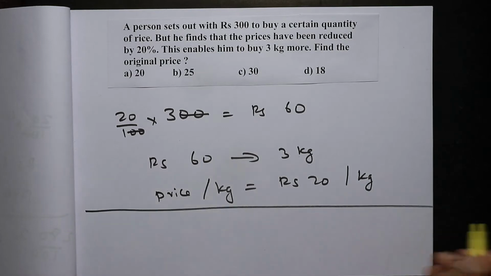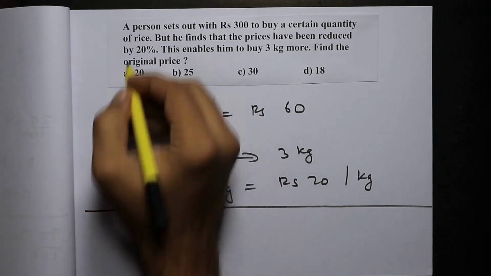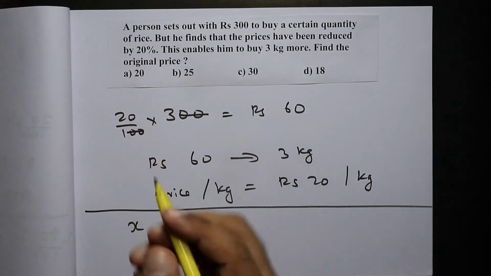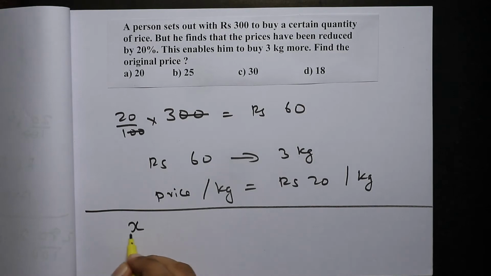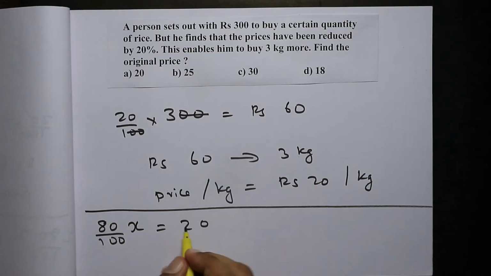So let us calculate the original price. Let us assume that the original price is X and this price has been reduced by 20%. If you reduce this value by 20%, the new value will be 80% of the original price, and that is equal to 20. So let us calculate the value of X. Here 20 divides 4 times.